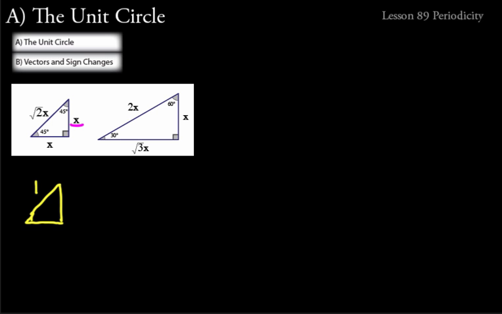So this would be over the square root of 2 times x, and this would be over the square root of 2 times x. Those x's would cancel, and we'd be left with 1 over the square root of 2 here and 1 over the square root of 2 here. So instead of an x, x, square root of 2x triangle, we have a 1 over square root of 2, 1 over square root of 2, 1 right triangle.